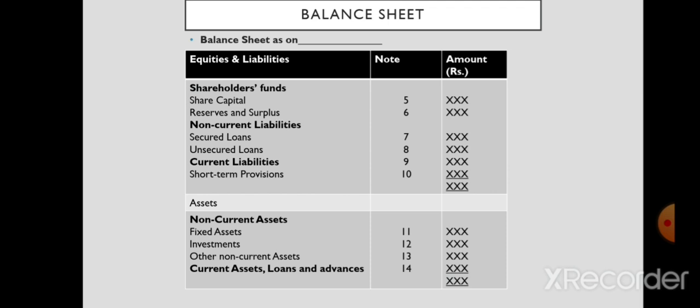We also have to calculate operating expenses and losses. So how to calculate this? What are the items that are considered while calculating operating expenses and losses?